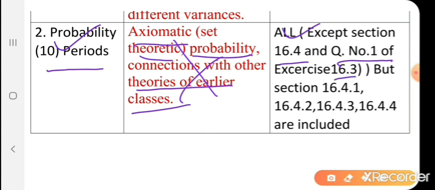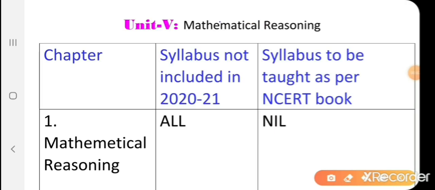But we have to read sections 16.4.1, 16.4.2, 16.4.3, 16.4.4. These are included. Only this much is not included. Mathematical reasoning is excluded for this year. This is not included. We have to read nothing.